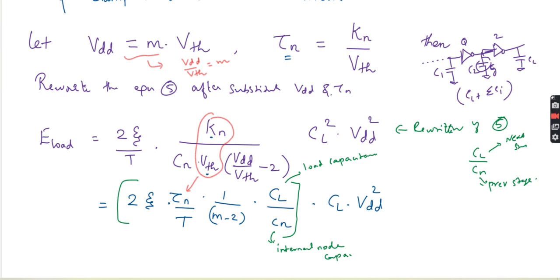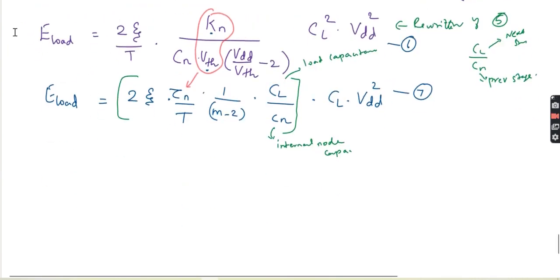So now we got the load energy, right? 2 times psi tau n by T, 1 by m minus 2, into Cl by Cn, Cl into Vdd square. I'll take this equation as the 6th. I will consider this equation as the 7th.